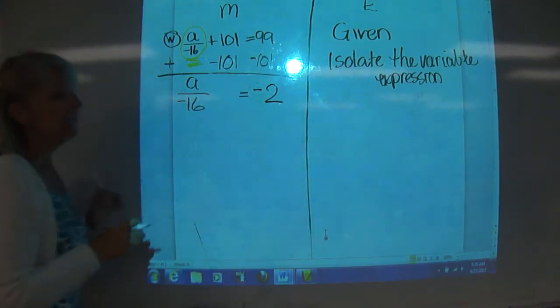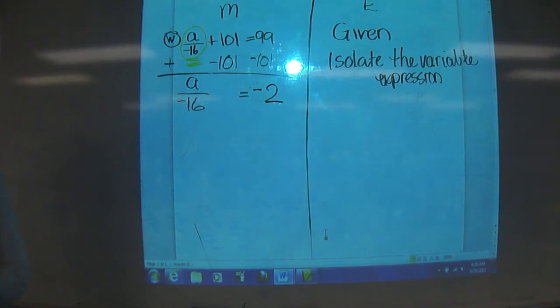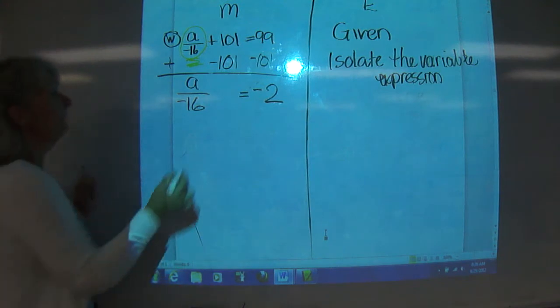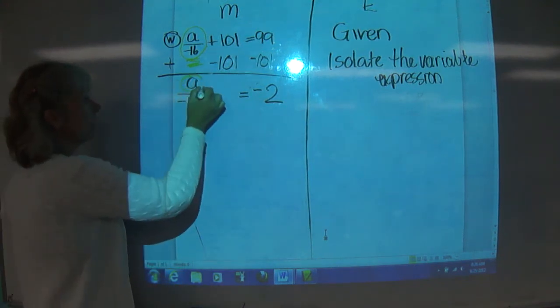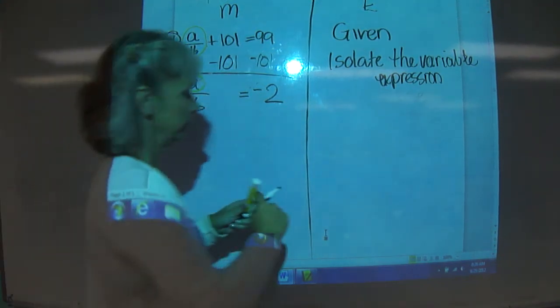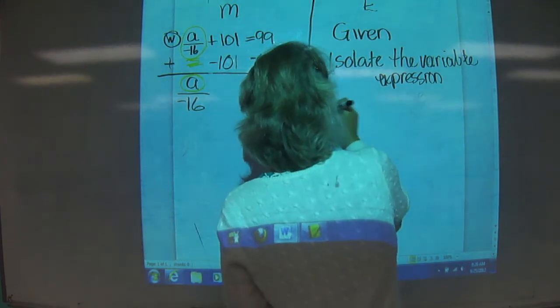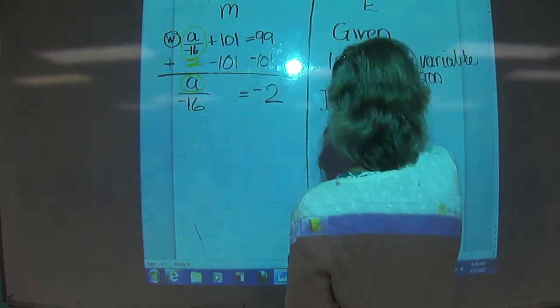All right? Now, what's the next step? We're going to, but what are we doing when we multiply? We're going to isolate the variable, and we can go on and actually say how.